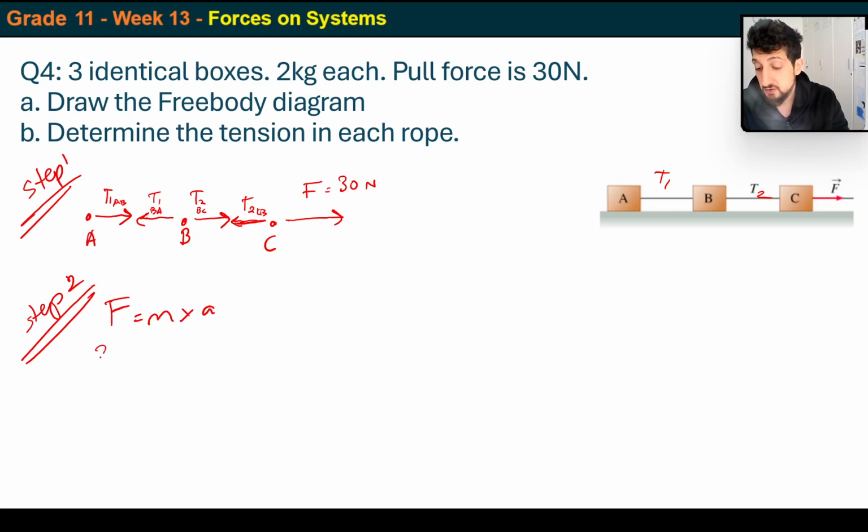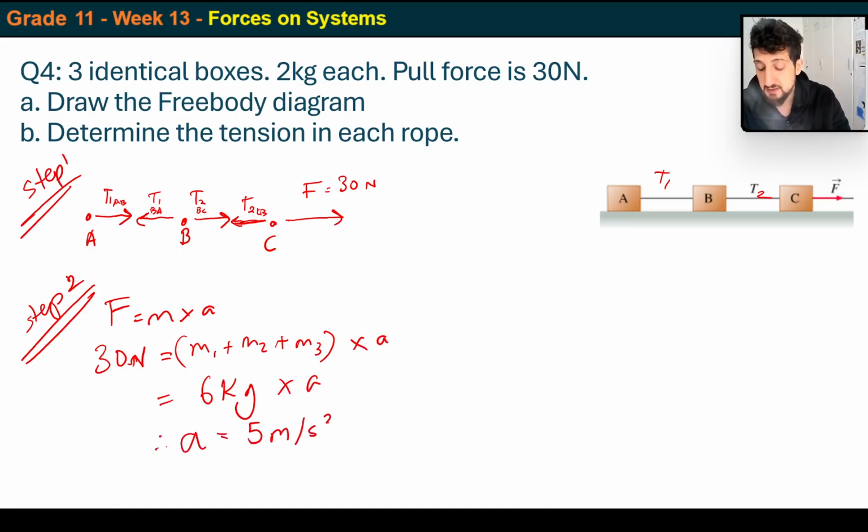And so we've got the total force, which is 30 newtons. We don't have the acceleration, but we do have the mass, which is m1 plus m2 plus m3, so that's 6 kilograms multiplied by acceleration, so it's going to be 6 kg multiplied by a, and therefore acceleration equals 5 meters per second squared. Once I have the acceleration, I can work out the rest of it.